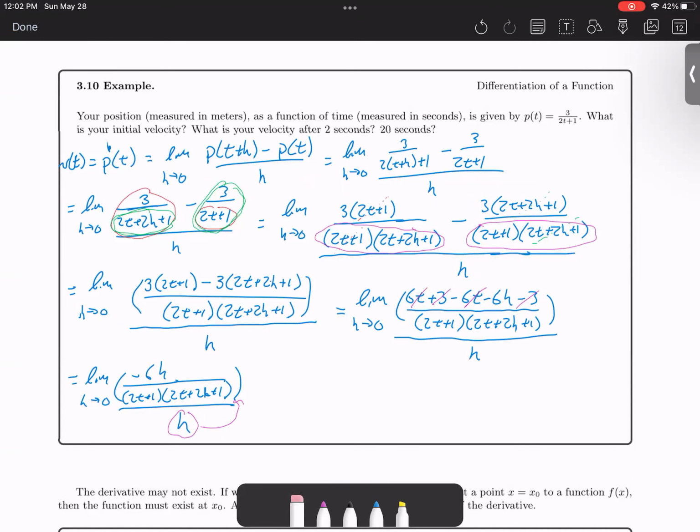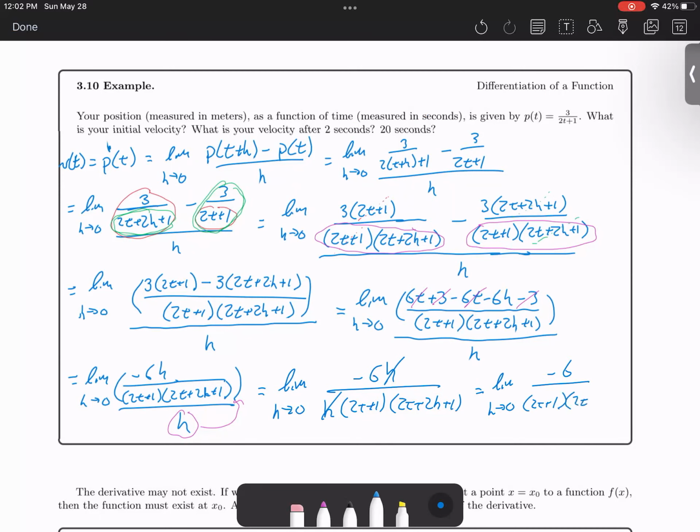Instead of a fraction sitting inside of another fraction, let's just make this one giant fraction. This gives you minus 6h over h times 2t plus 1, 2t plus 2h plus 1. And there's the cancellation that we needed. You're left with just a minus 6 over a 2t plus 1, a 2t plus 2h plus 1.